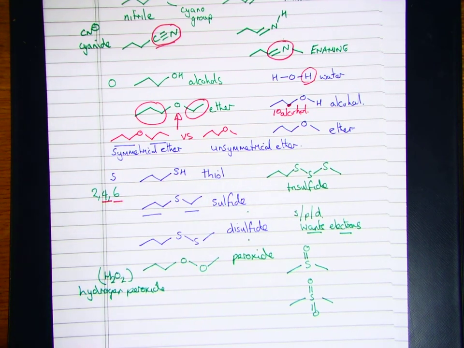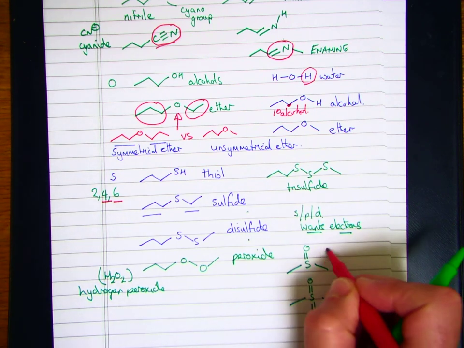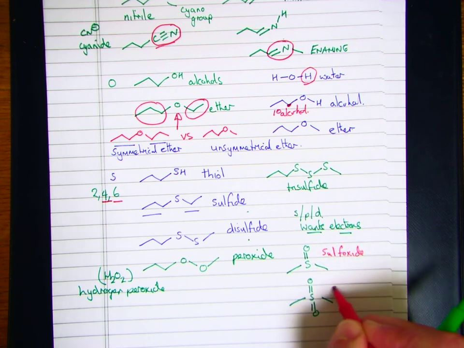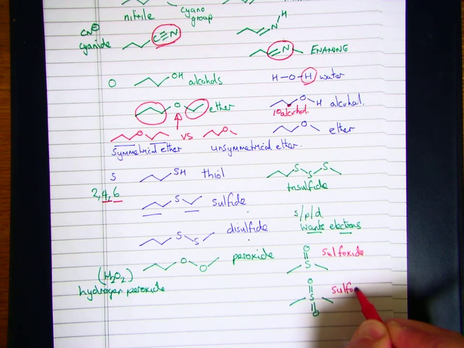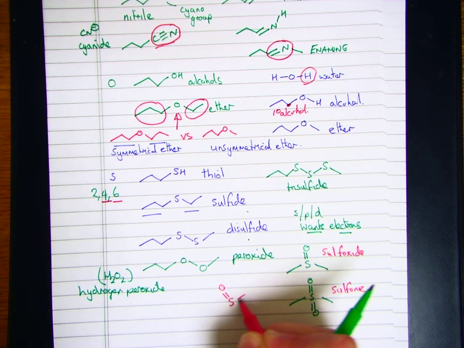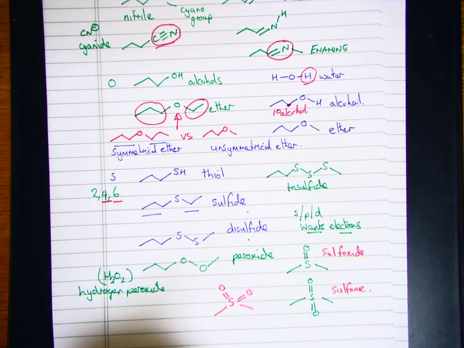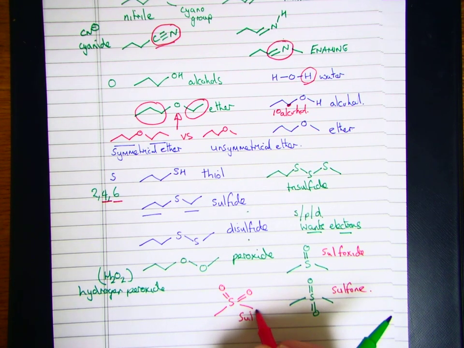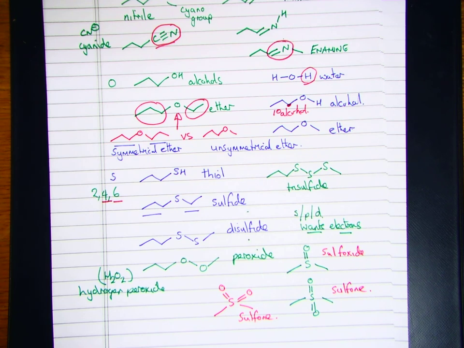It's lower in the periodic table, therefore it has access to its higher orbitals, and so it will accept electrons from oxygen to form this, which is a sulfoxide, and this, which is a sulfone. I'm going to write the sulfone out like this, because depending on which textbook or website you use, it may appear differently, but this is also a sulfone. So there you have those sulfur derivatives.